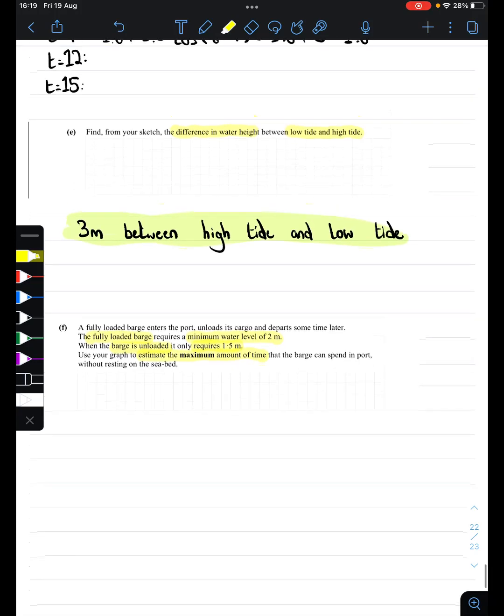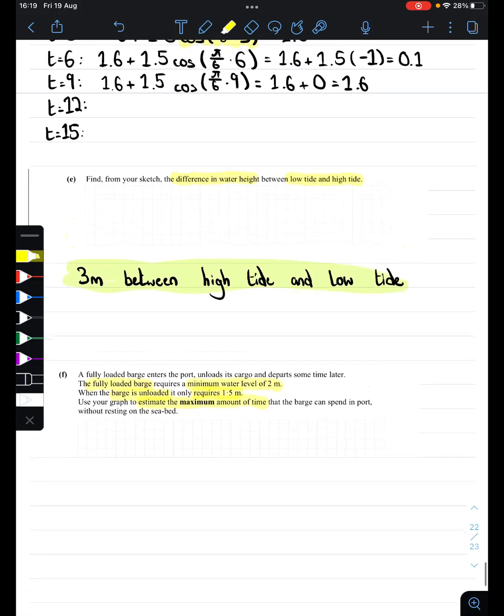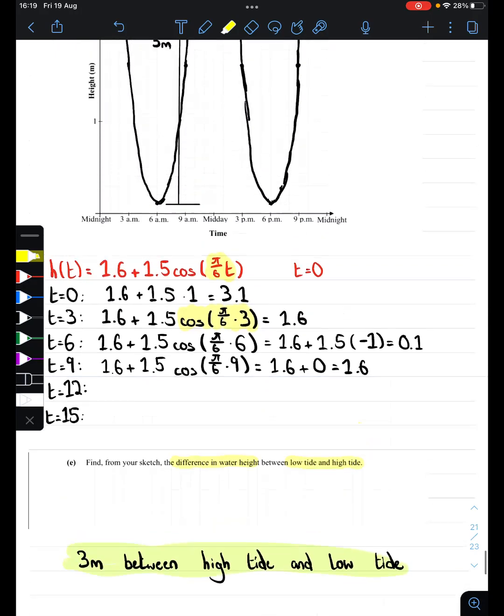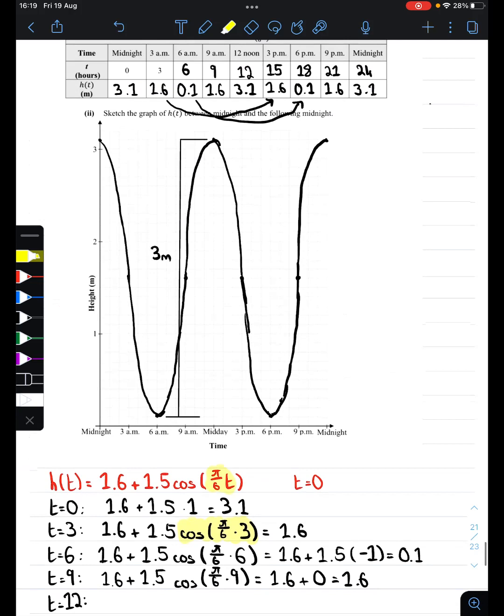So we're looking for the maximum amount of time that the barge can enter the port at over 2 meters, and then stay above 1.5 meters for as long as possible.